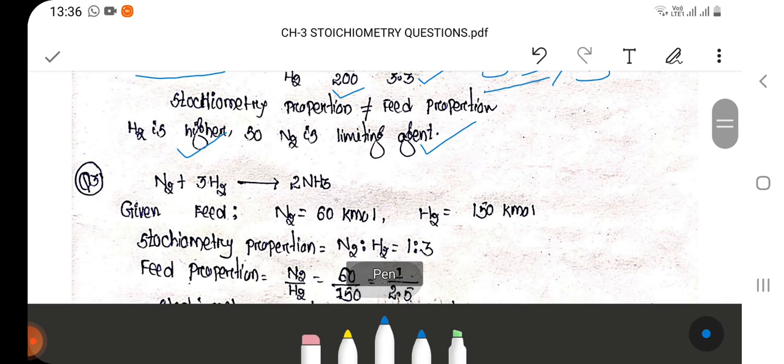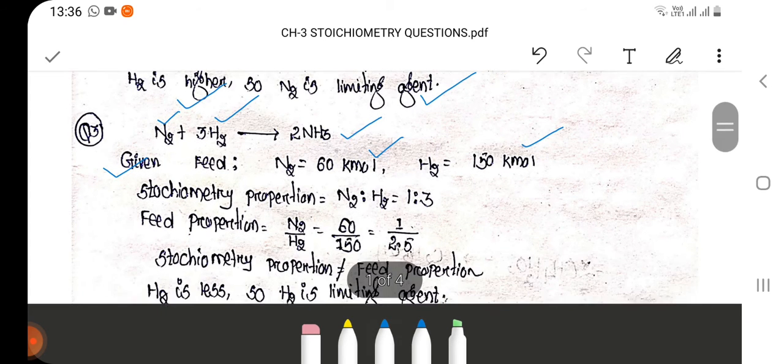Again, the production of ammonia from nitrogen and hydrogen. The stoichiometric equation is 1 mole of nitrogen plus 3 mole of hydrogen gives rise to 2 mole of ammonia. The feed mixture given here is nitrogen 60 kilomole and hydrogen 150 kilomole. Stoichiometric proportion is 1 by 3.